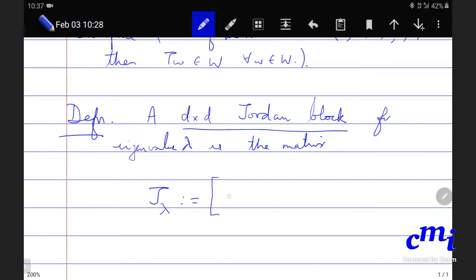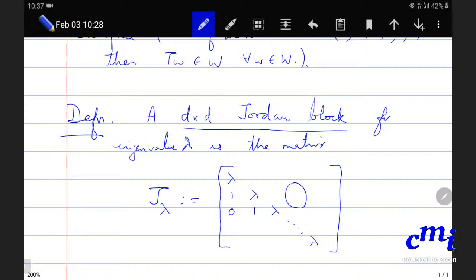So lambdas on the diagonal, zeros above the diagonal. Some books will use zeros below the diagonal, but I will just stick to Arjun's notation so that you're not confused.